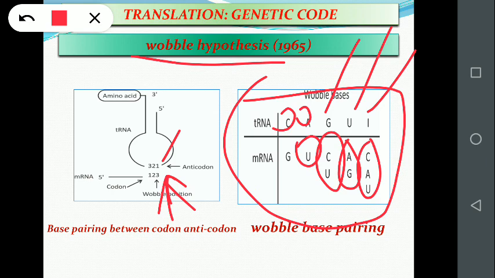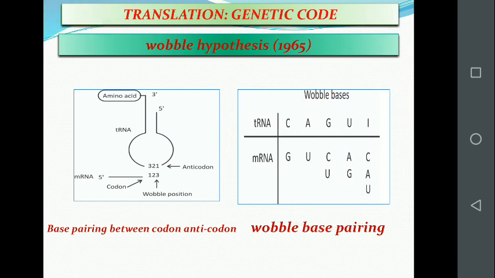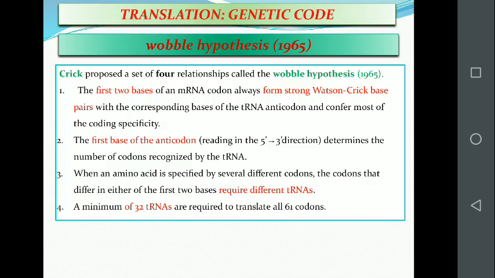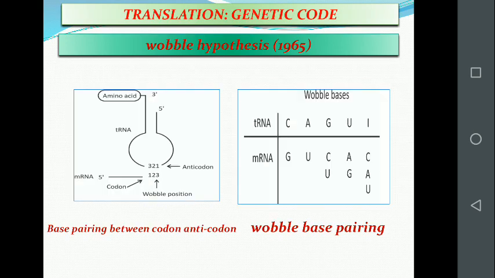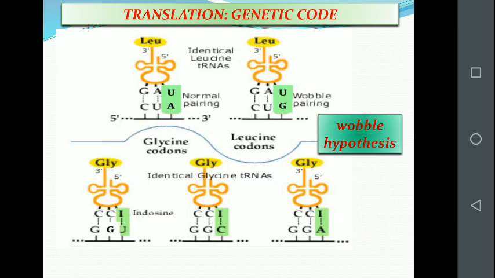The third base, whether it may be C, A, or U, interacts with the I. So that is the Wobble hypothesis. Based on this, a minimum of 32 tRNAs are required to specify 61 codons.